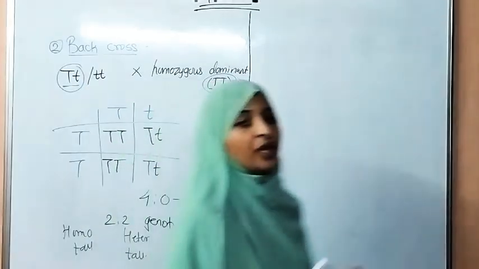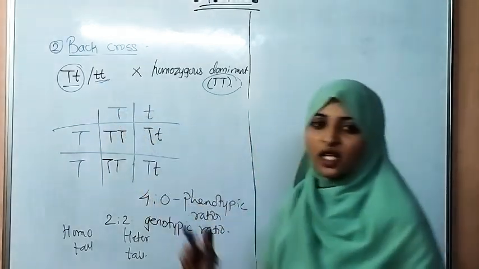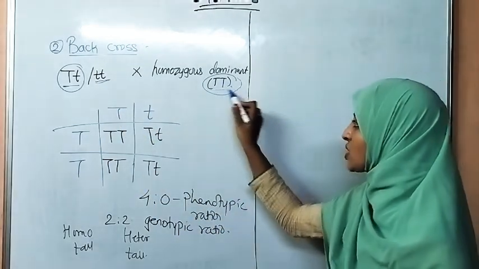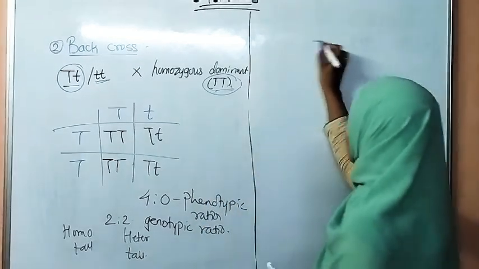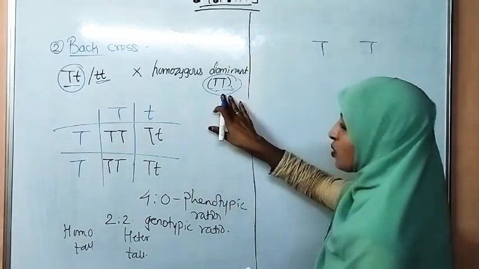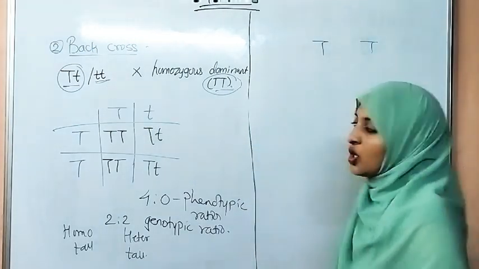Now, if a homozygous dwarf crosses with a homozygous dominant character, then capital T is homozygous dominant and small t is homozygous recessive, meaning homozygous dwarf.